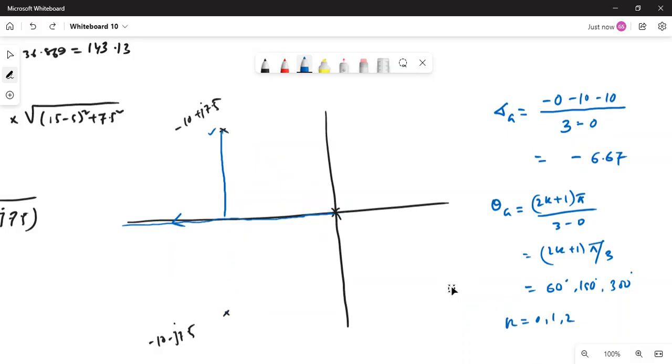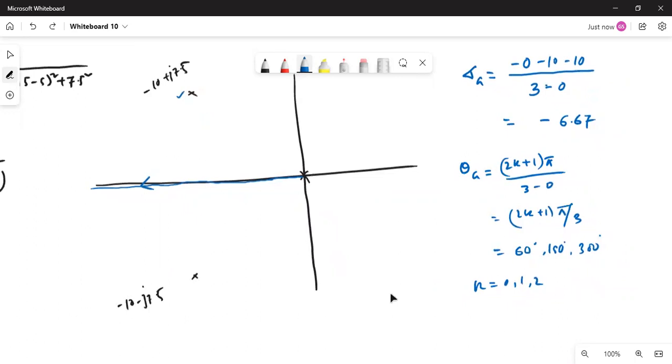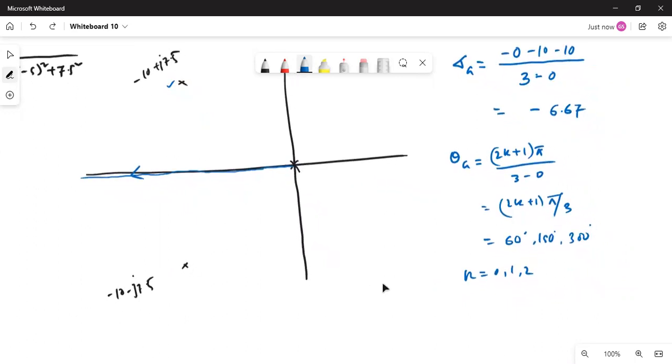Okay, so I'm just erasing those because later it will be easier if those lines are not available.